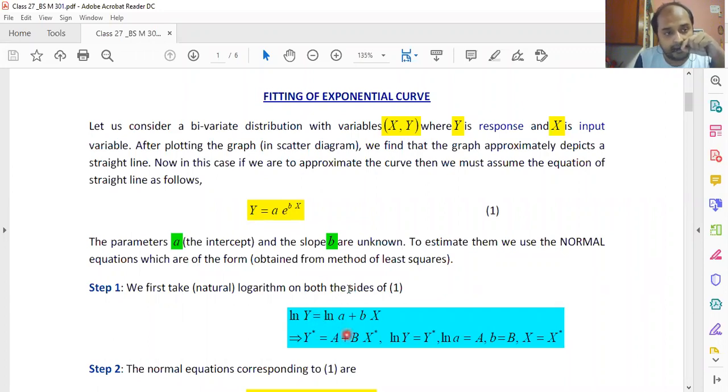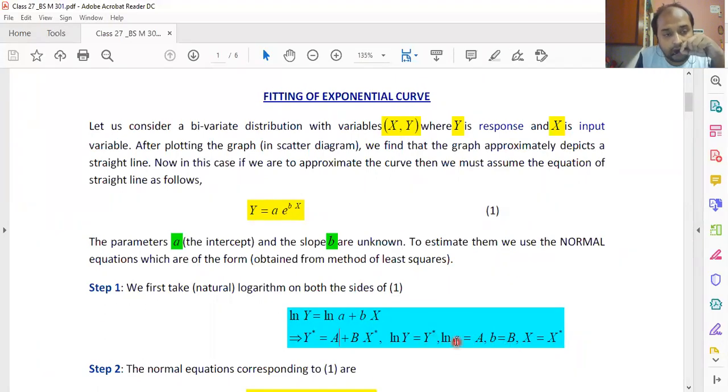Log a, the natural logarithm of this parameter small a, is denoted as capital A. And to keep parity with this parameter capital A, I am renaming the parameter small b as capital B. So we get capital X equal to x star, small b becomes capital B. So there is actually no change in them.